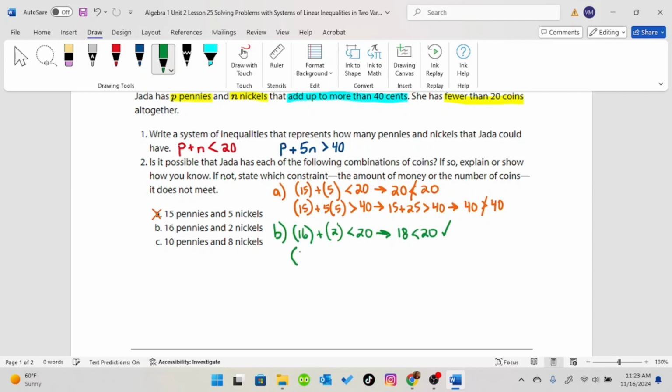We have P, which is 16, plus 5 times N, which is 2, and that must be more than 40. Well, 5 times 2 is 10, and when we add 16 plus 10, we get 26, and 26 is not greater than 40, so B cannot be an answer because it does not solve the second constraint.